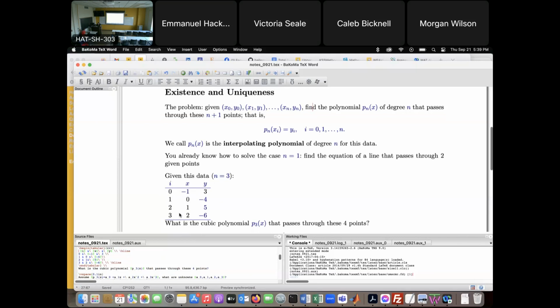In fact, it could be a bad idea in some cases. And then here are the corresponding y values. Since we have n equal to 3, with points x0, x1, x2, x3, it's a cubic polynomial, so degree 3, that passes through these 4 points.